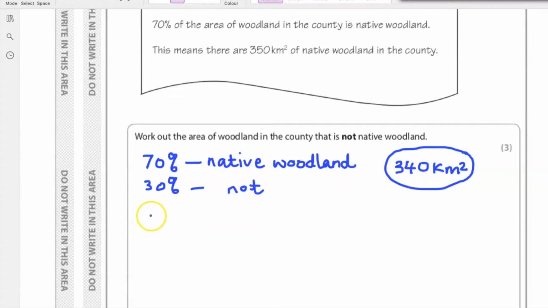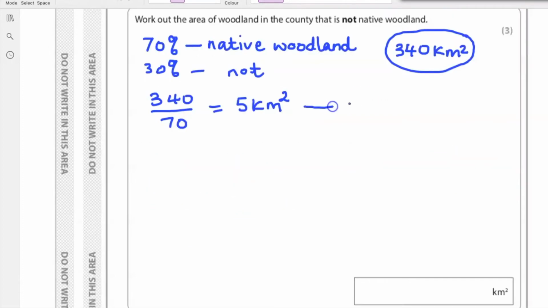On our calculator, we do 350 divided by 70, which will give us 5 kilometers squared. This is just 1% of native land.